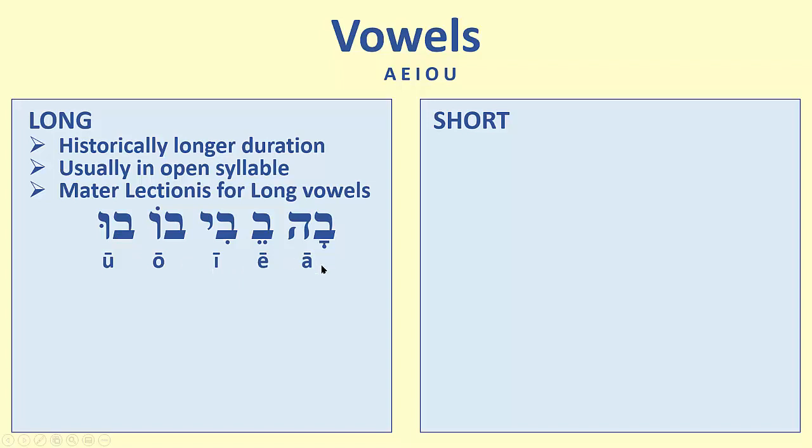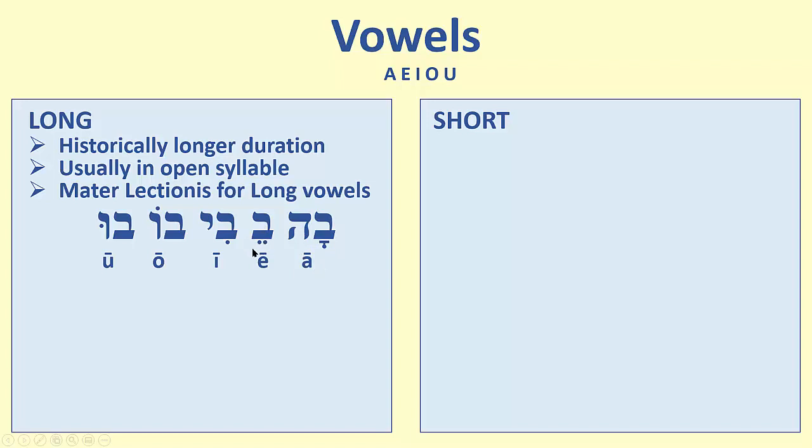So here we can see the 5 different vowel qualities here. I'm sorry I left the weak Dagesh out of this bet, forgive me. Here we have va, the kamatz he represents a long ah sound.